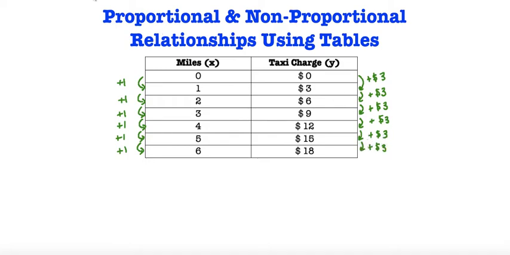So let's see if we have a proportional relationship. After 0 miles, the charge is 0. There's no initial fee for this taxi to just get on. After 1 mile, we're paying $3, so $3 a mile.